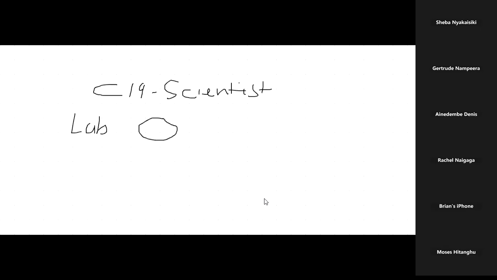So we have the COVID-19 virus. This is a scientist. So he starts with the lab. He or she, let me be gender sensitive, starts with the lab. He has this petri dish.